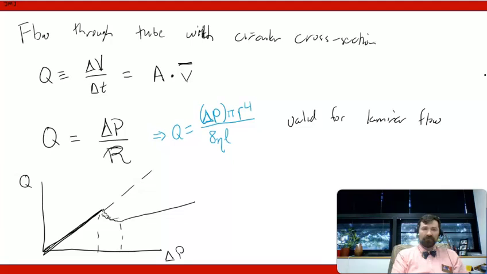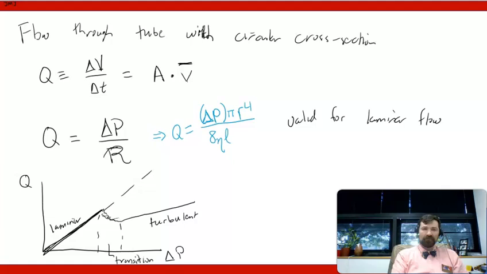In this region right here, turbulence is onsetting, and this is totally turbulent. So turbulent, laminar, and then this would be like a transition region. That's one way of measuring turbulence.